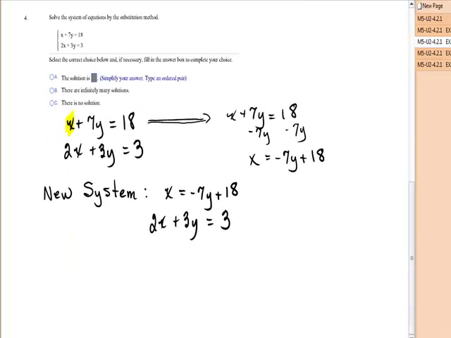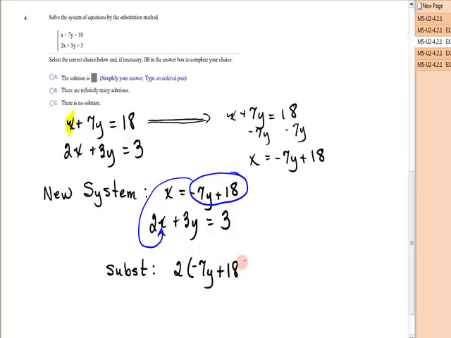Now it is ready for substitution. I'm going to take this value for x. I'm going to put it in the place of x. So I'm going to substitute 2 parentheses negative 7y plus 18 close parentheses plus 3y is equal to 3.